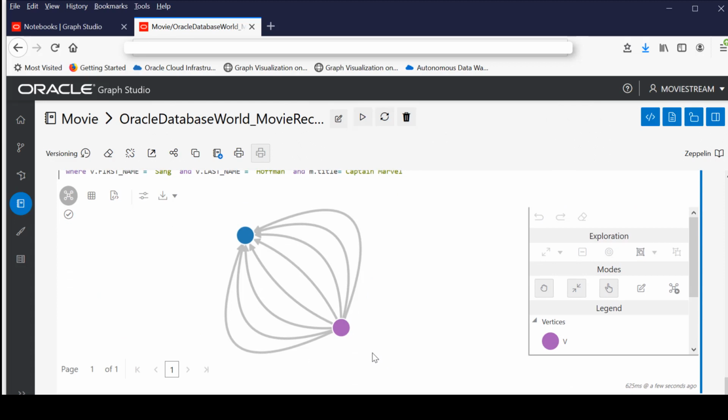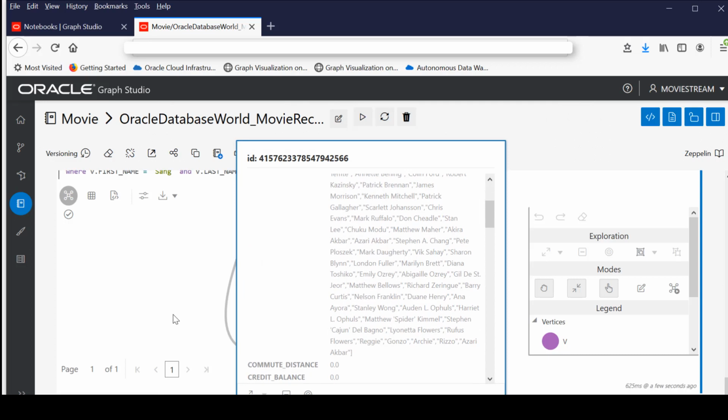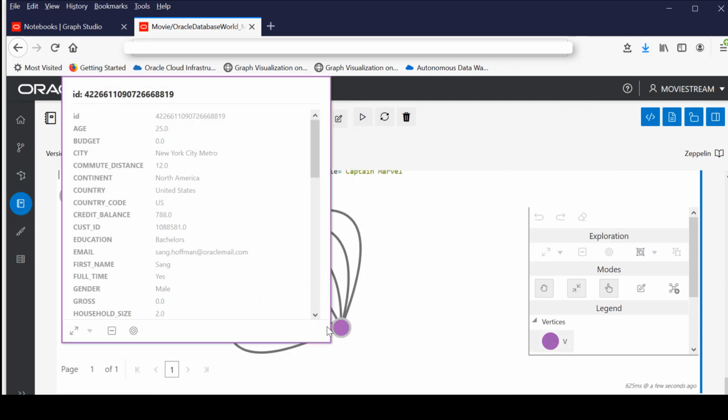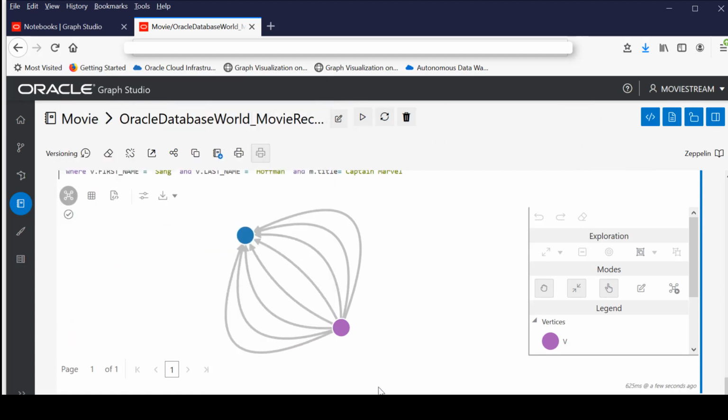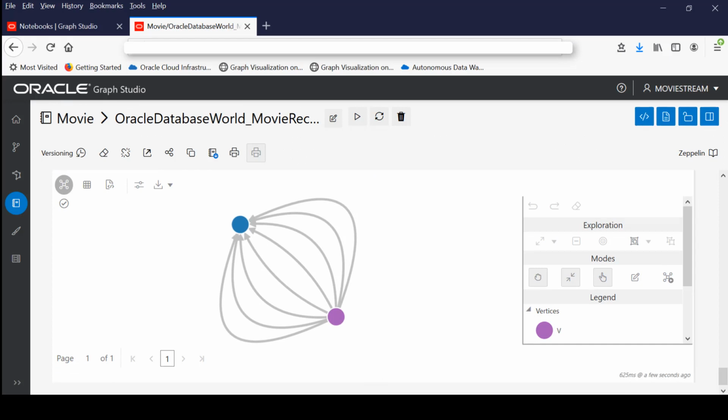And we see that Sam Hoffman indeed has watched this movie, and multiple times. So perhaps this is a good movie to recommend for Ricky Rogers.